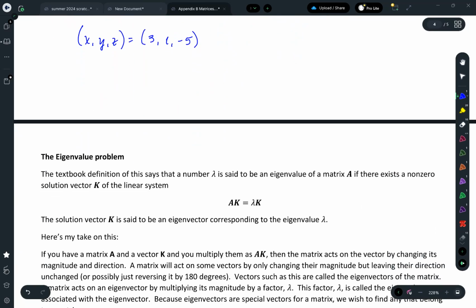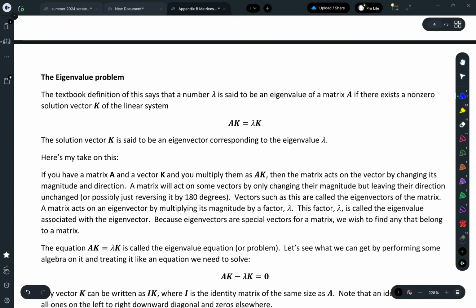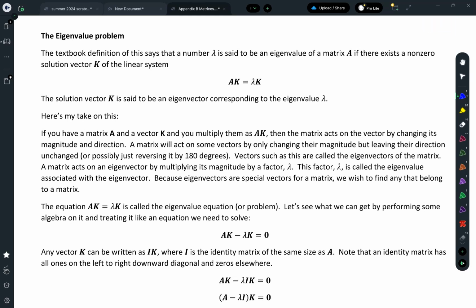Okay, I told you this would be really fast. We're diving deep and doing it all at once. So the eigenvalue problem, I'm going to just read what I've written here because I've put some time into how to say this the best way.